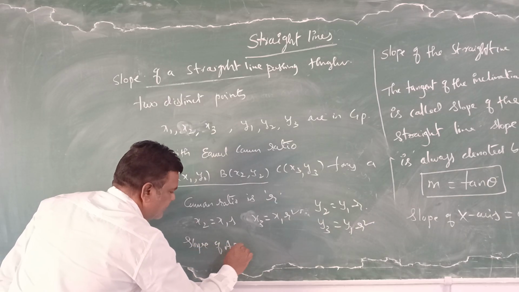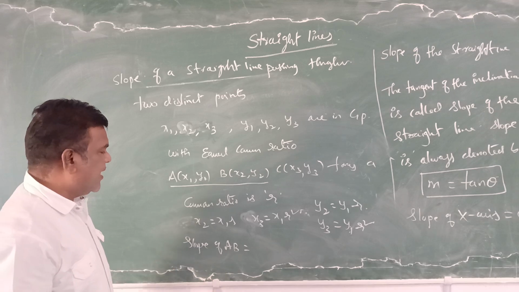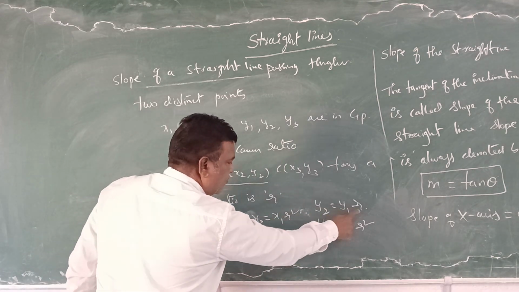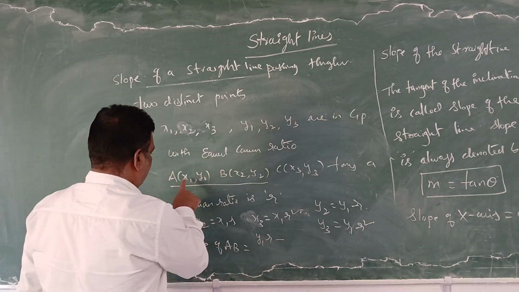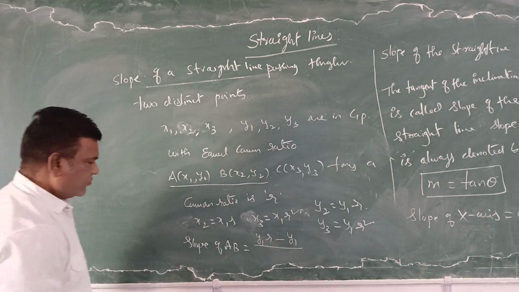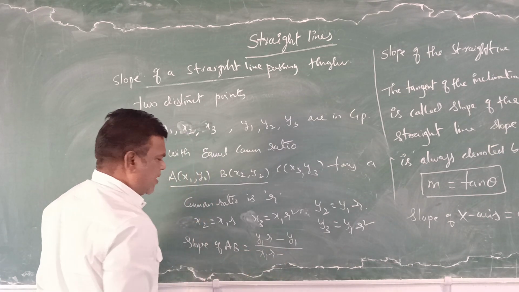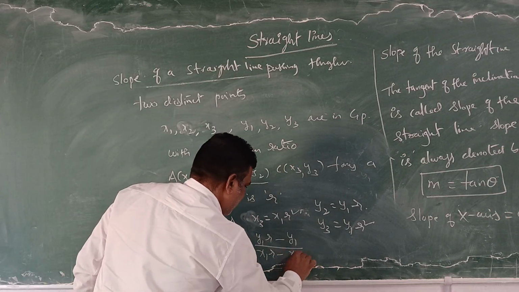Slope of AB. What is the formula for the slope of AB? y2 minus y1 by x2 minus x1. What is y2 here? y1r minus y1, by x1r minus x1.